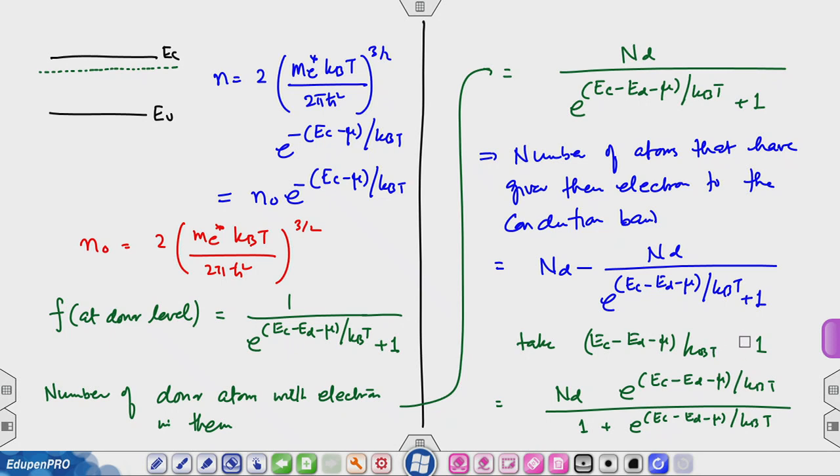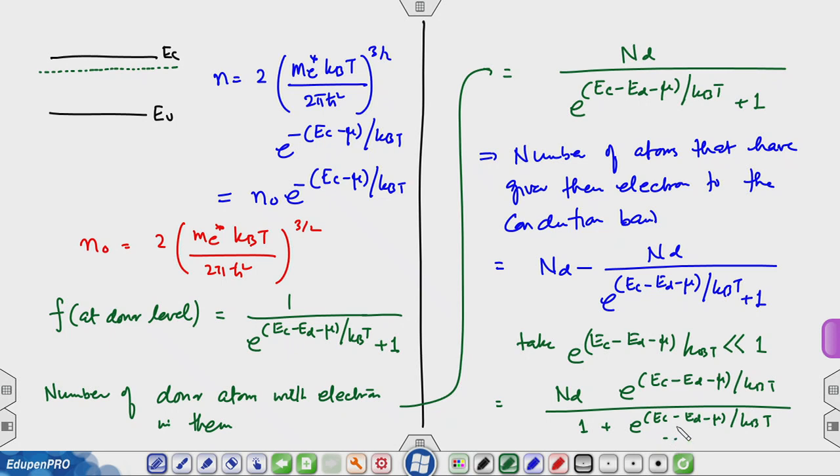This is not the approximation we were making earlier. E raised to this, that is the correct approximation. So, this part can be ignored and you can just write N d times the exponential function.